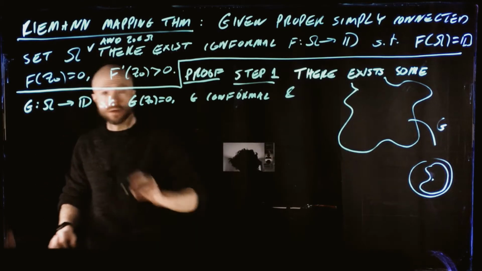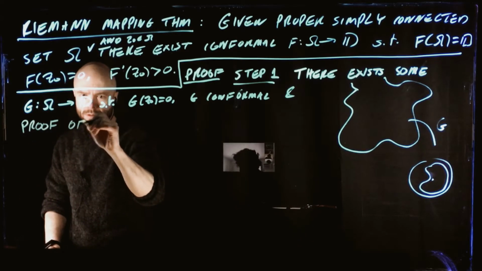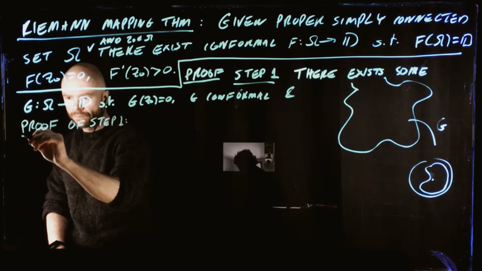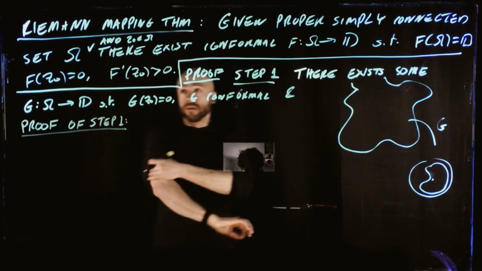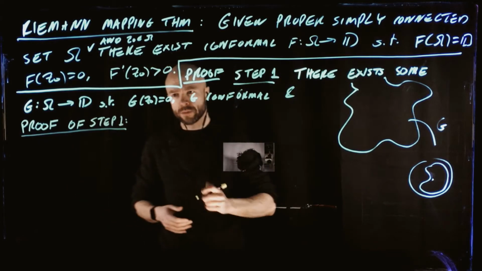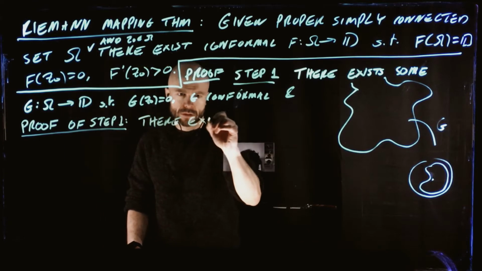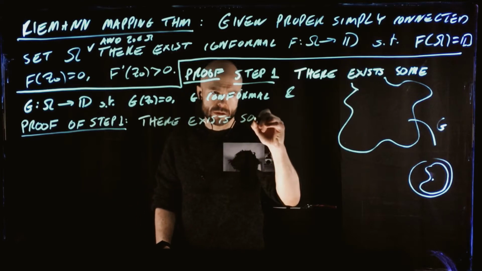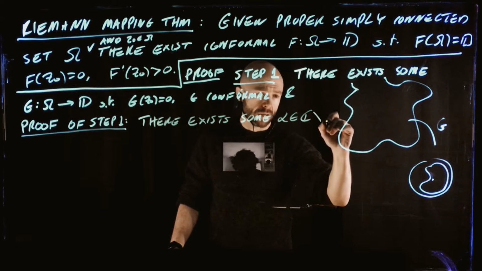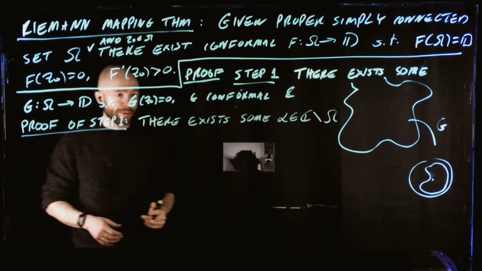So how does this go? Omega is a proper, simply connected set, so it doesn't contain the entire complex plane. So there exists some alpha belonging to the complex plane take away omega itself, by definition of being proper.